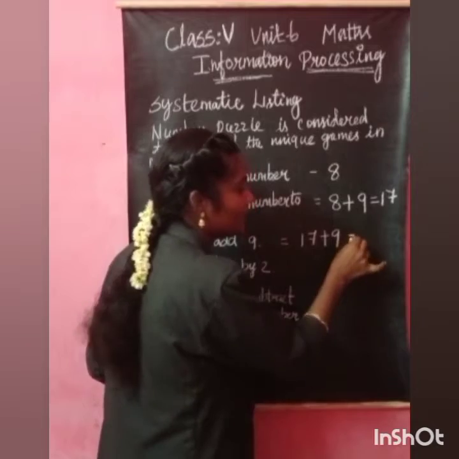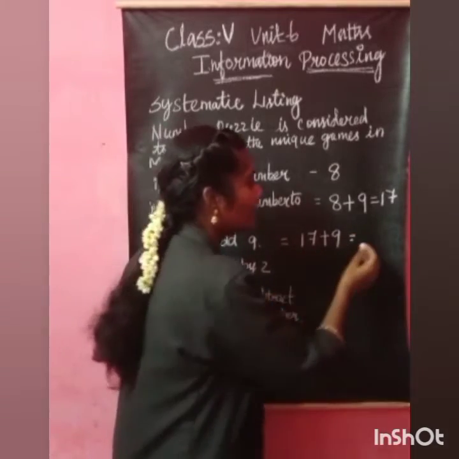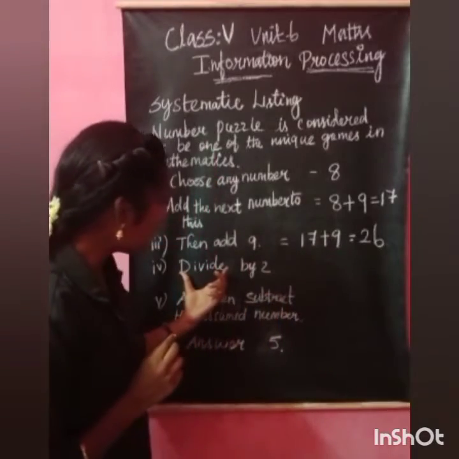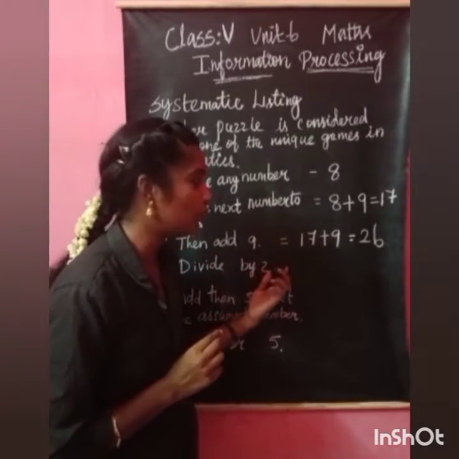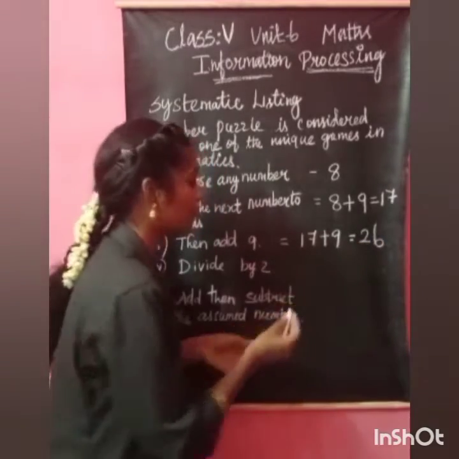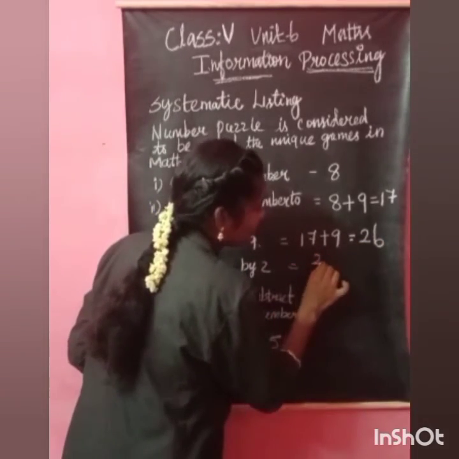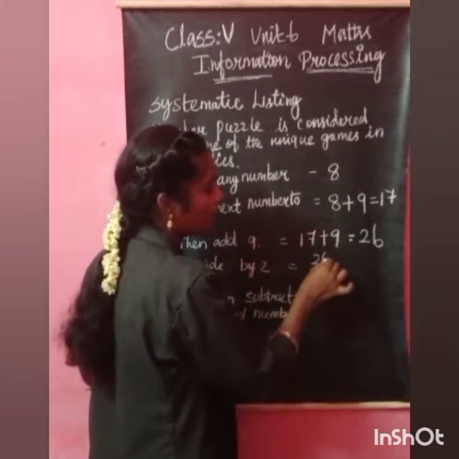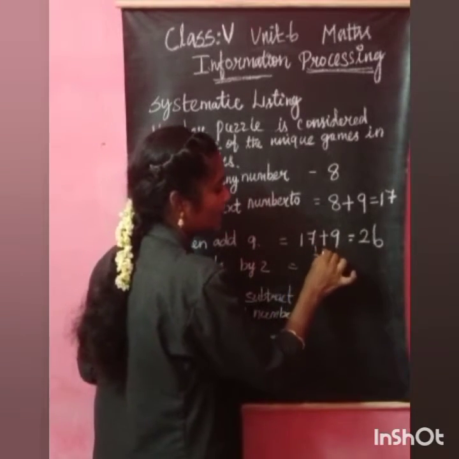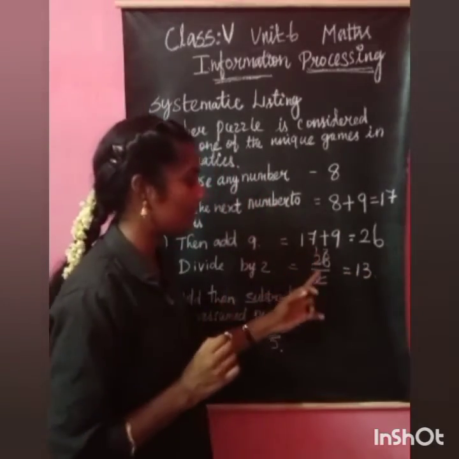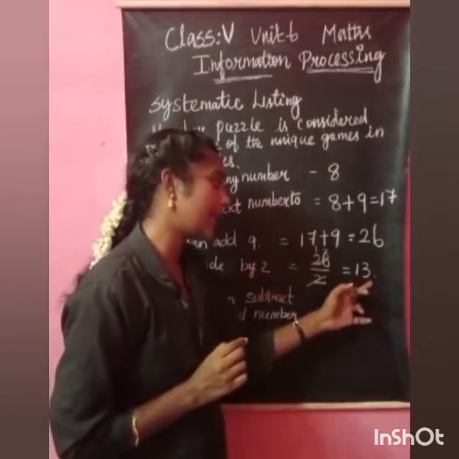So 17 plus 9 is what, children? 26. Next step, divide by 2. 26 divided by 2: this is 1 time, this is 3 time. So 13. 26 divided by 2 is 13.